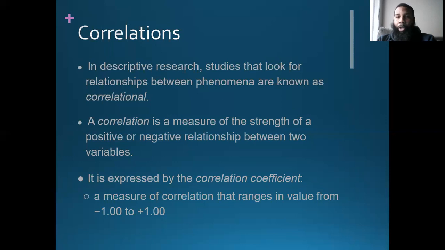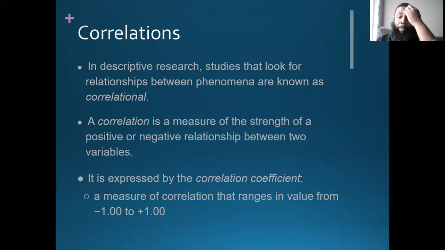Because it's a range, you can also have a correlation coefficient of 0, right? And the correlation coefficient is simply the measure of the strength of the correlation. A correlation coefficient of 0 means that there's no relationship whatsoever between these two variables, right? So, and remember, these things are on a range too, right?